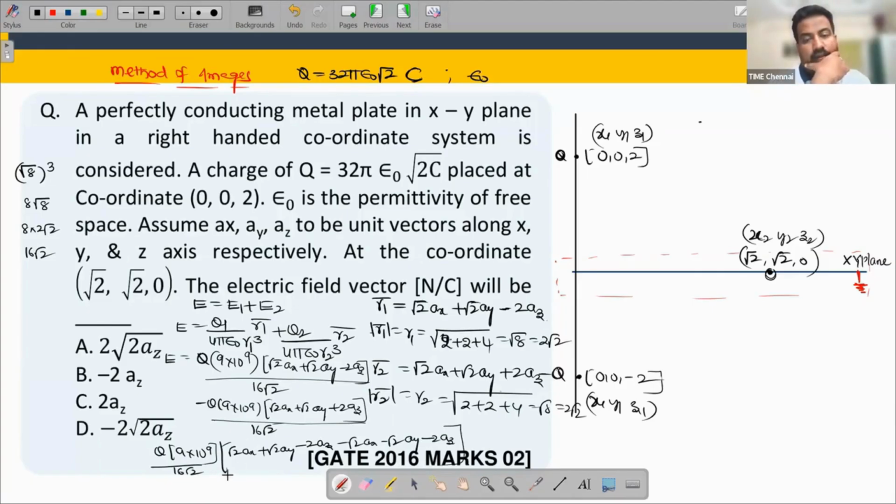In the denominator, 16 root 2, I took common. Which is q into 9 into 10 power 9, minus 4 az by 16 root 2.